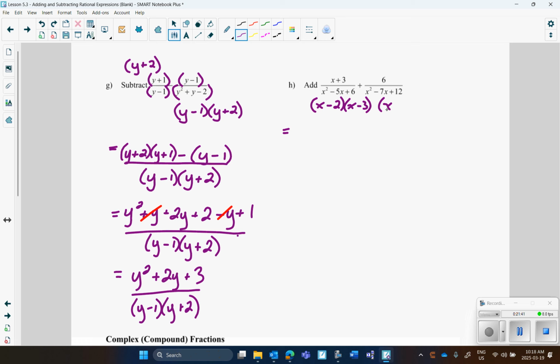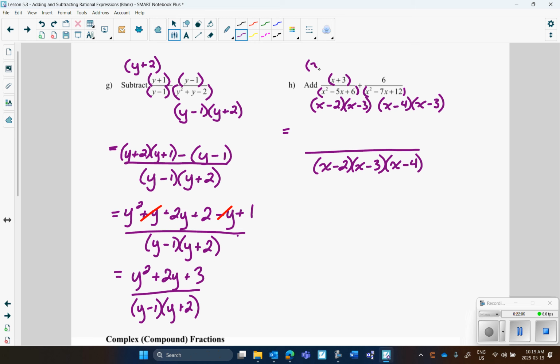And for this one, you should get x minus 4 times x minus 3. Which means that the lowest common denominator is x minus 2 times x minus 3 times x minus 4. Don't need the second x minus 3.